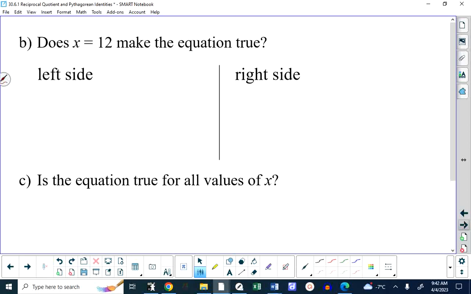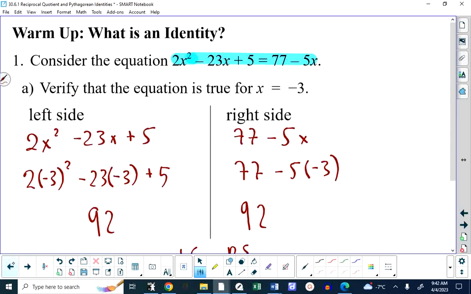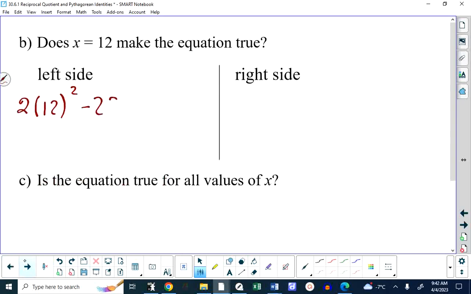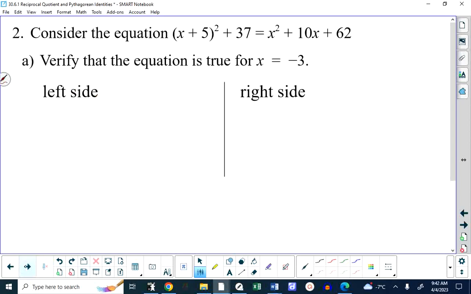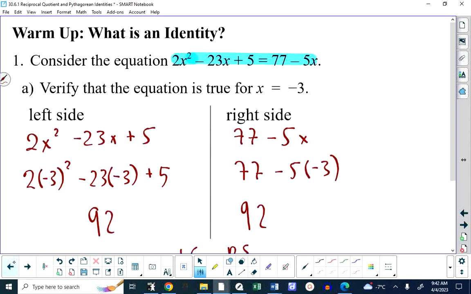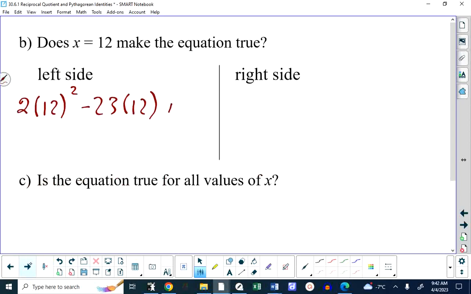We're going to put into that equation 12: 2x squared minus 23 times 12 plus 5.